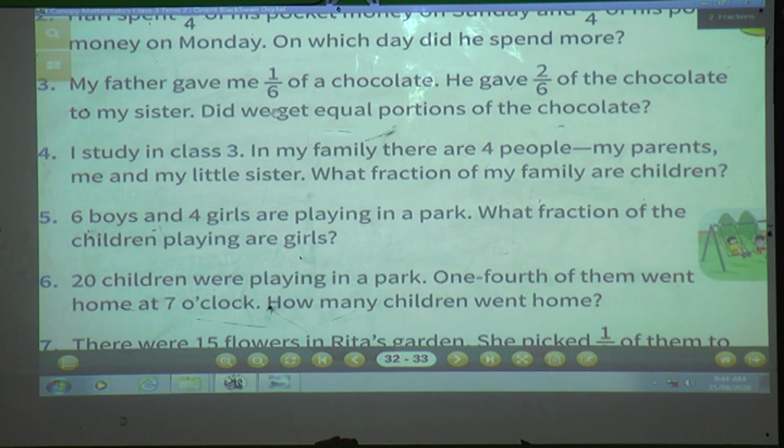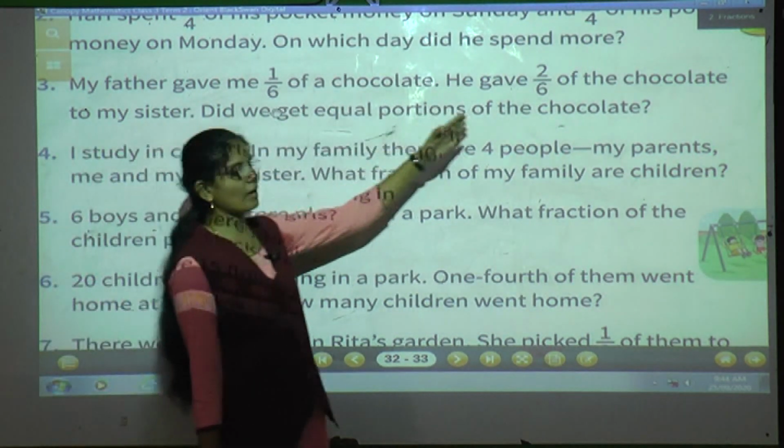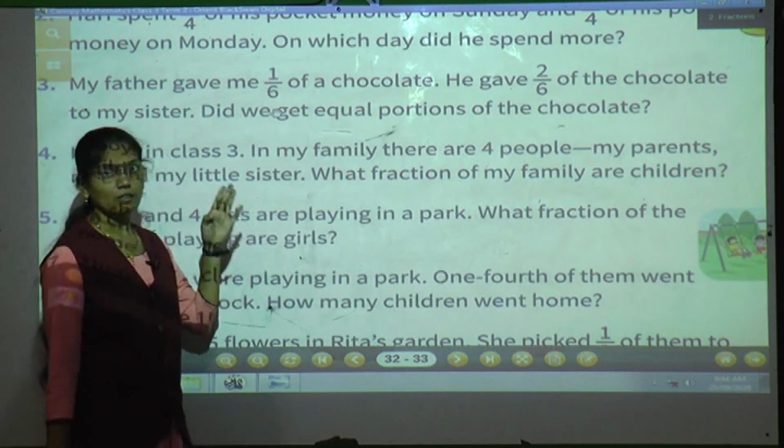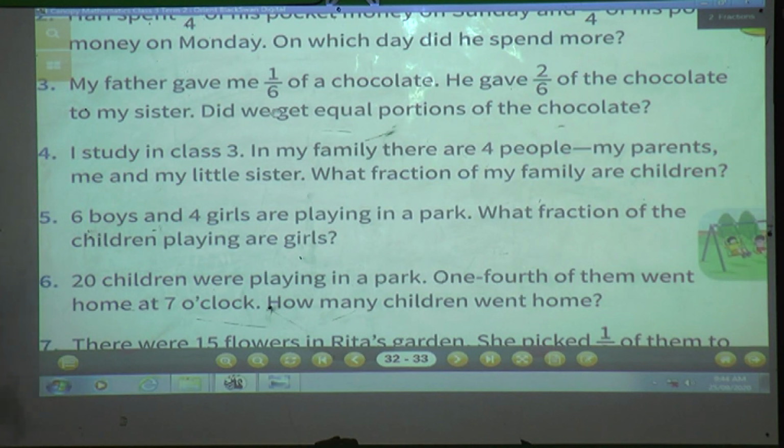Yes. See these two fractions. By looking at the fraction only you can write the answer. 1 by 6 to me and 2 by 6 to my sister.